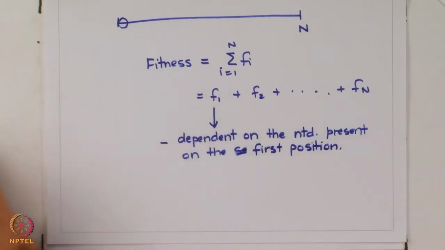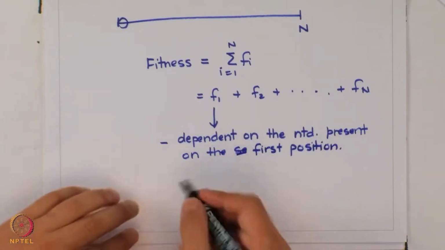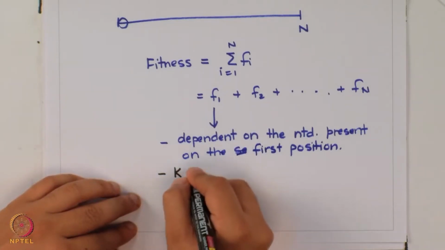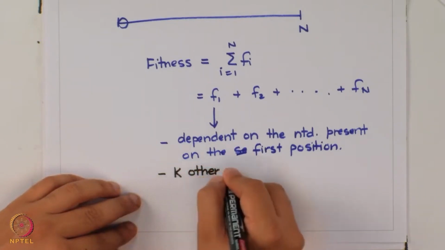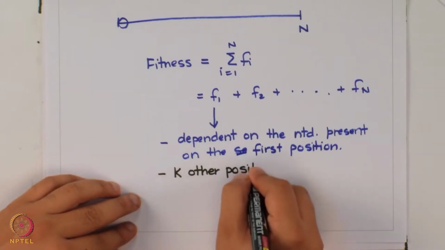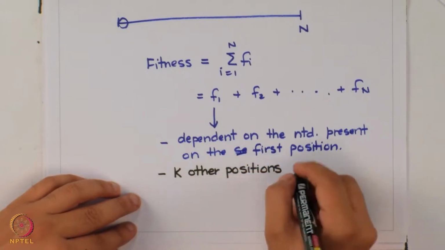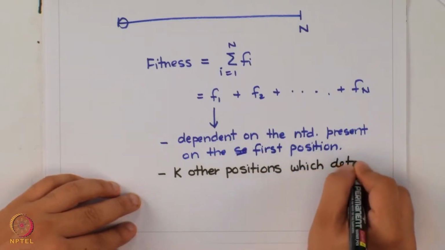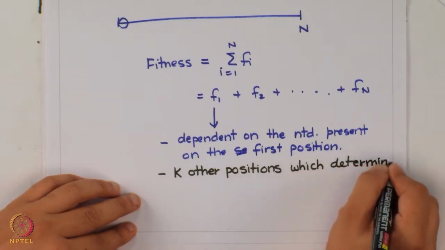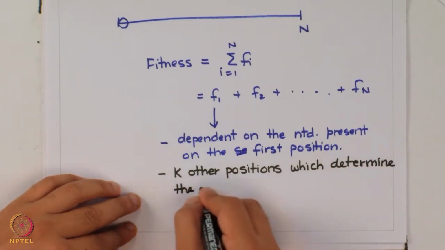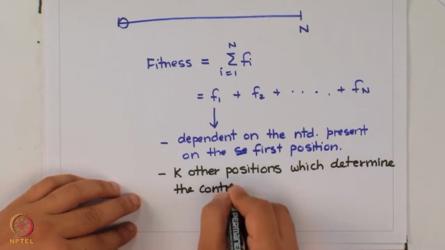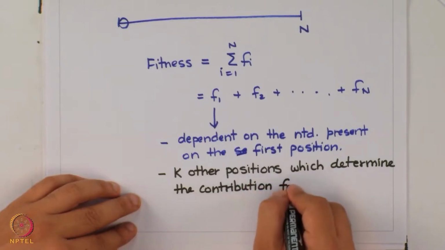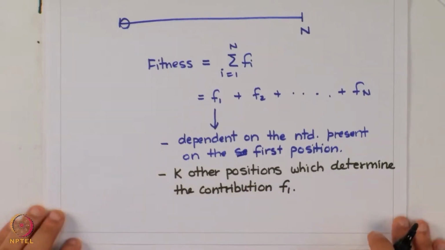But in addition to that, what the parameter K represents is that it allows you to incorporate K other positions which determine the contribution F1.